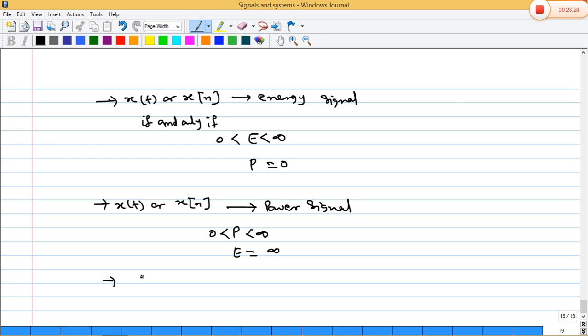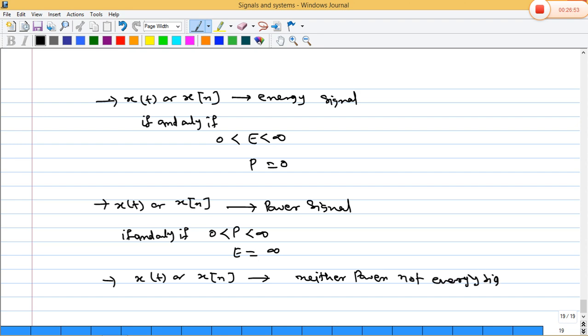And the third one is: x(t) or x of n is neither a power nor an energy signal when E is equal to infinity or P is equal to infinity.